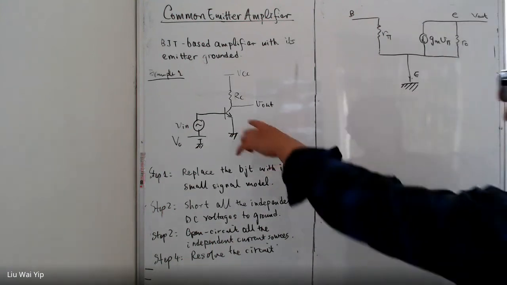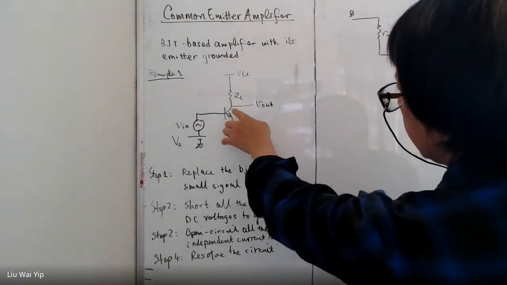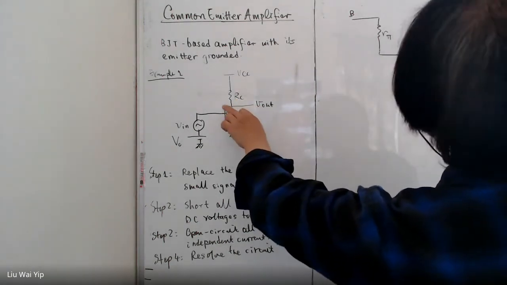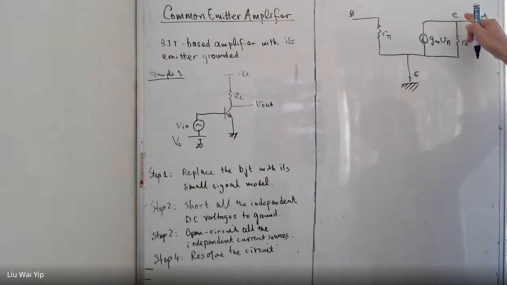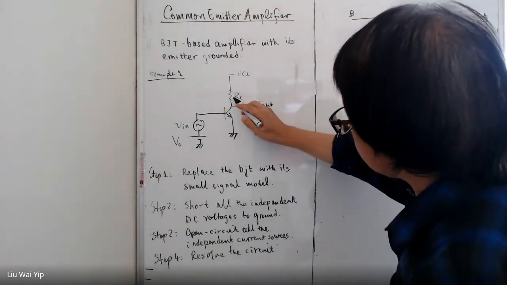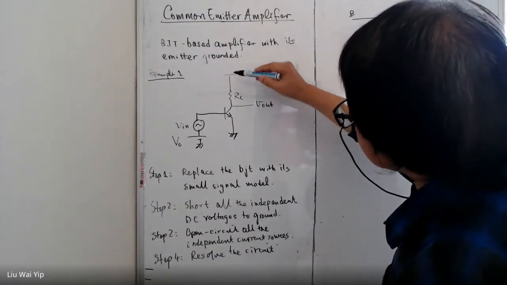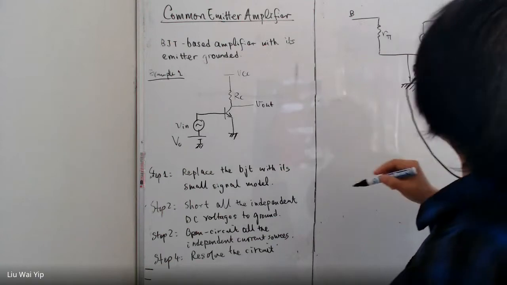The output is in the C terminal, and the output is connected to another resistor, RC. And RC is in turn connected to VCC.